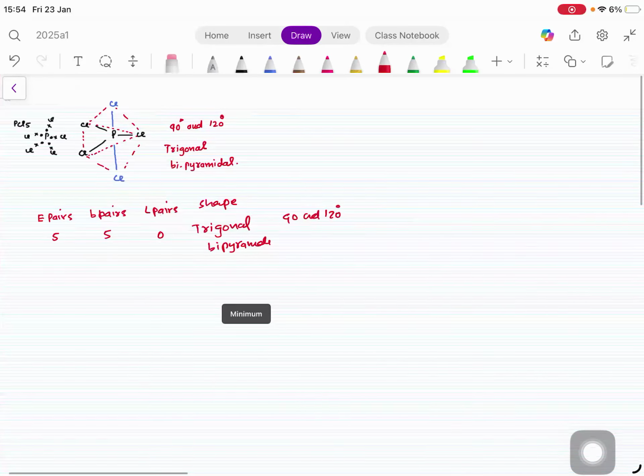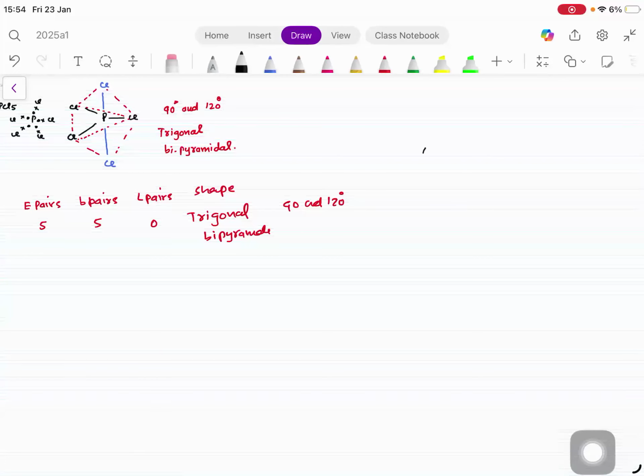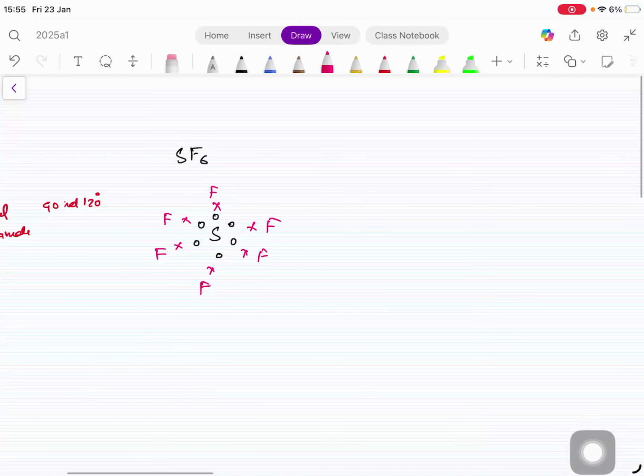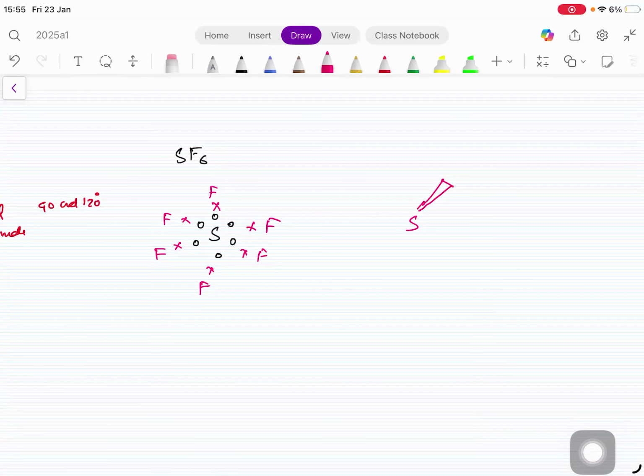The next one is SF6, sulfur hexafluoride. So 1, 2, 3, 4, 5, 6. This is SF6. So there are 6 bond pairs around the central atom and no lone pair. Please stop writing. If you look at the shape, it's like this.